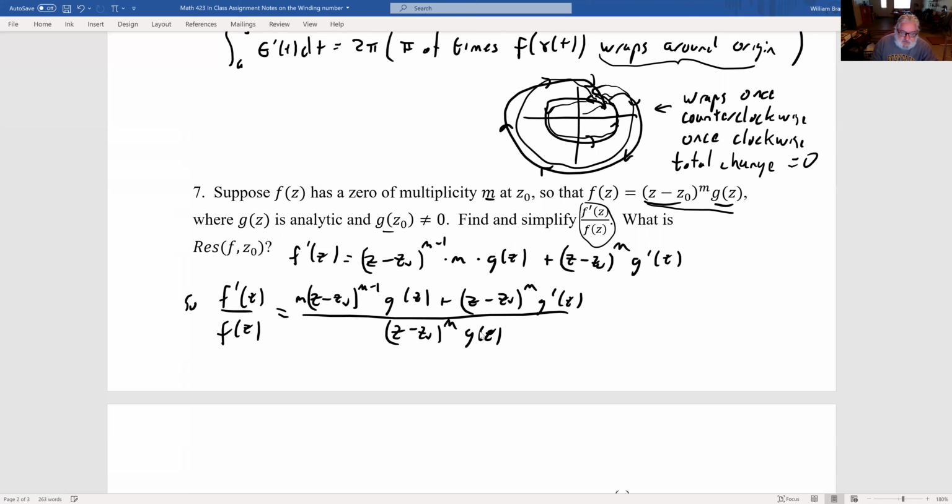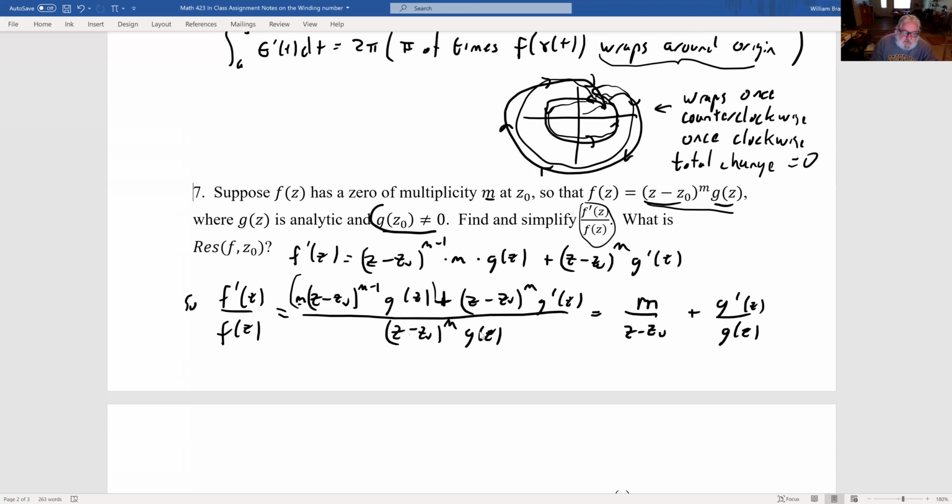And if we simplify this, what do we get? Well, again, we're going to break this into two functions. We get two fractions. We get m over z minus z naught. That's this first term divided by the denominator, and then g prime of z over g of z.